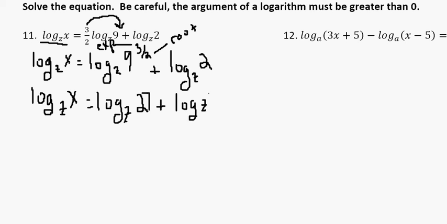Now, continuing my condensing of the logarithms, I see on this right side of the equation, I have two logarithms that are added. So I'm going to go ahead and condense them under one logarithm, where I multiply the argument.